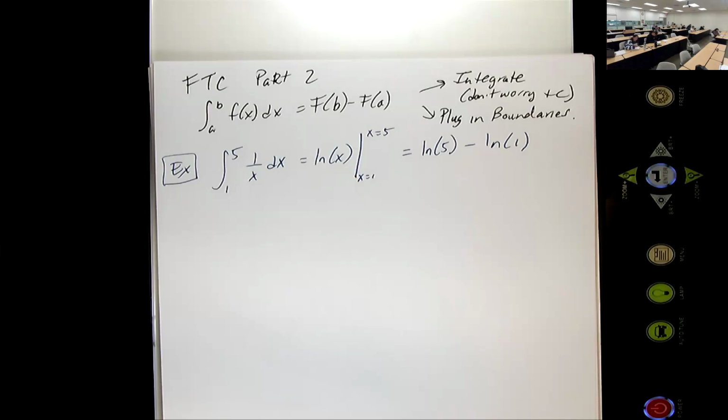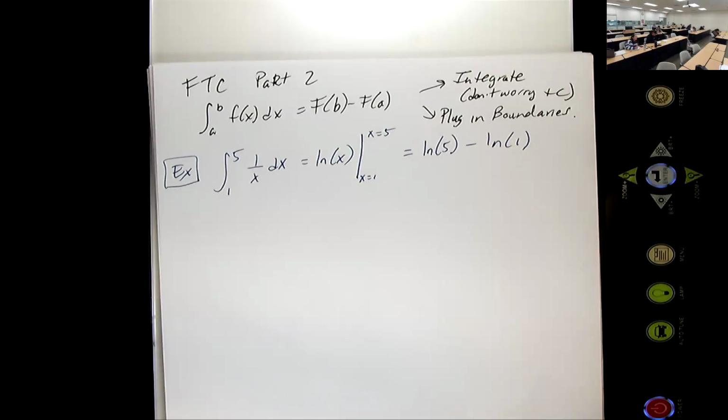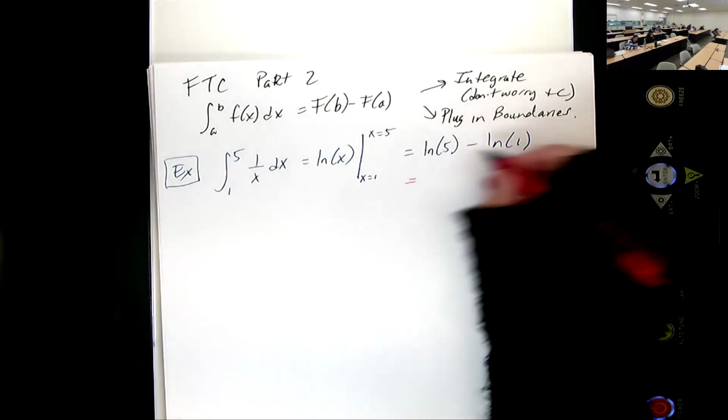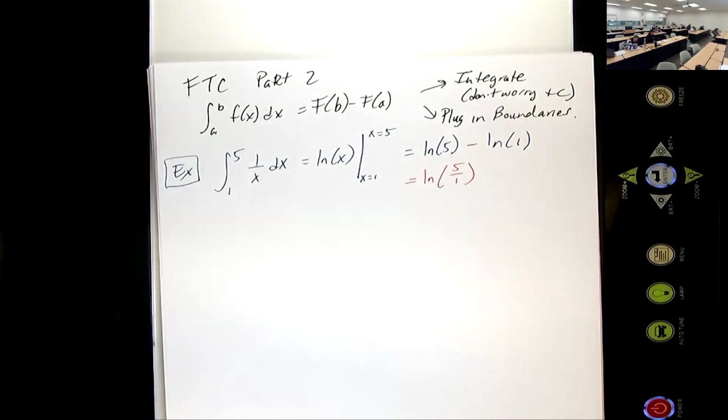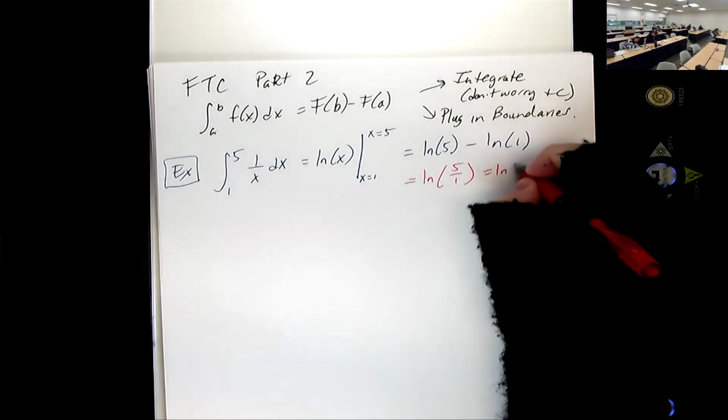There's actually 2 different ways to do it. I'll show you the one that is not the intuitive one, but always works. When you have natural log subtracted, it turns into division of them. But that's just natural log of 5.